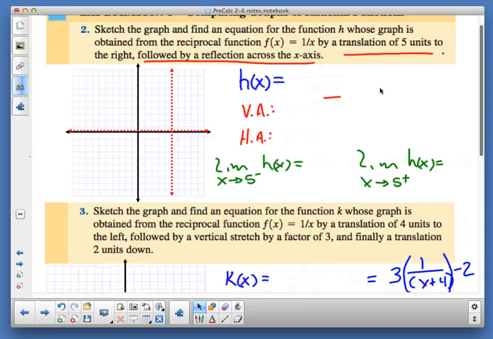We're going to translate it 5 units to the right, followed by a reflection across the x-axis. That reflection across the x-axis is going to take a negative value times the entire function, not inside in the bottom part of x. We're translating 5 units to the right, so we're going to subtract 5. So it's going to look like that for our function.